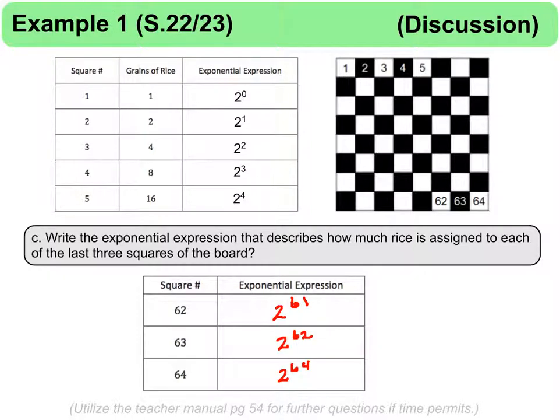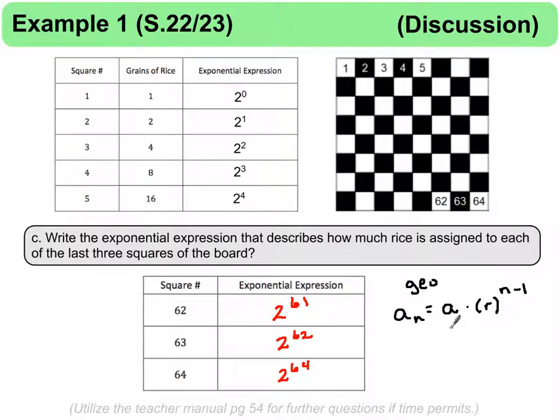And again, the reason why that works, if we look at that geometrically, and we look at our geometric formula, we mentioned that a sub n, or the term that we're talking about, is equal to the first term, the a term, times the common ratio, or basically what we're multiplying by every single time, raised to the n minus 1 power. So as the story goes, we started off with 1 grain of rice.